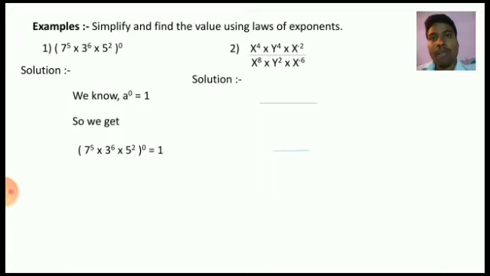We apply the first law, multiplying powers with the same base. In the given example, the numerator has x raised to 4 into y raised to 4 into x raised to minus 2.